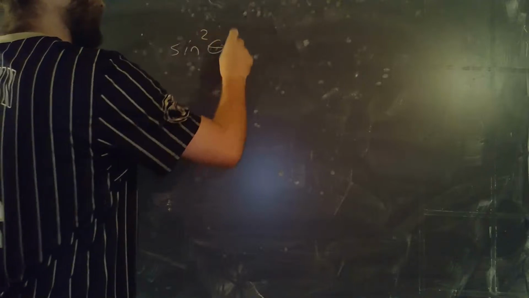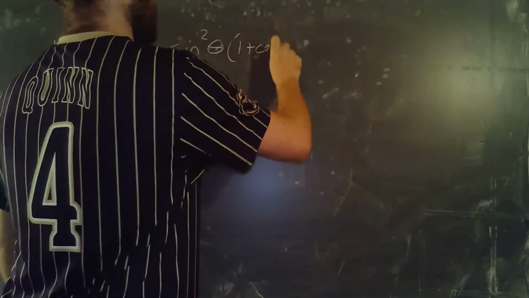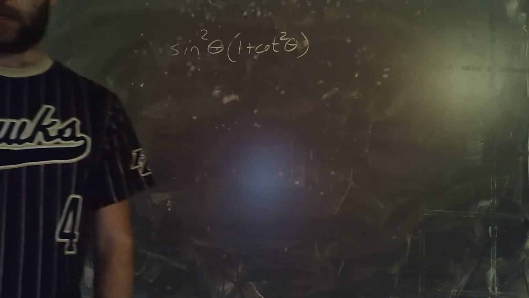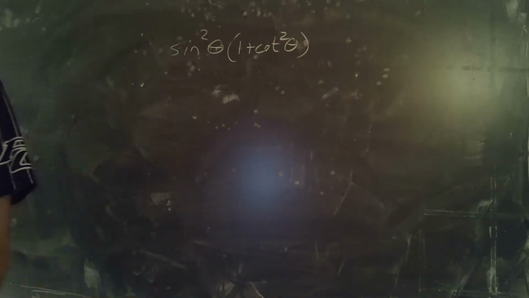Let's look at sine squared times 1 plus cotangent squared. So we will look at sine squared theta times 1 plus cotangent squared theta. All right, so remember the checklist. The checklist says first, before we do anything else, we like to look for trig identities involving Pythagoras.